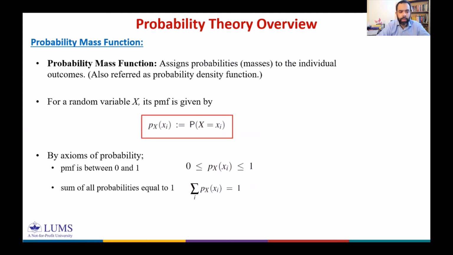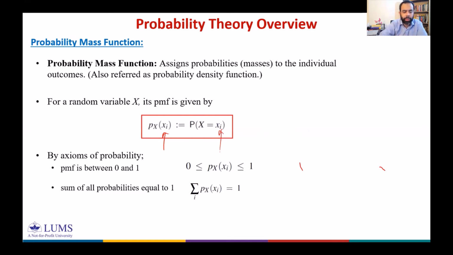For a discrete random variable X, we define its probability mass function as follows: if xi is your mapping on the real line, what is the probability that the random variable X would be equal to the value xi? This is the value of the probability mass function for a given xi.